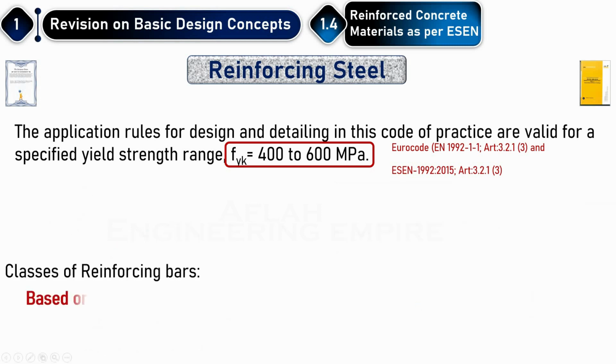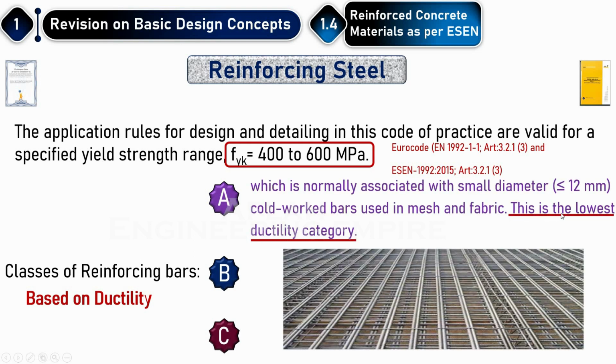Now, we said that according to ductility, reinforcements are categorized into 3. Even though you may categorize reinforcements according to their diameter, maybe 6, 8, 10, and so on up to 20, generally reinforcements are classified based on ductility into 3 classes: Class A, Class B, and Class C. Class A are the reinforcements with the lowest ductility, usually associated with diameters less than or equal to 12 mm.